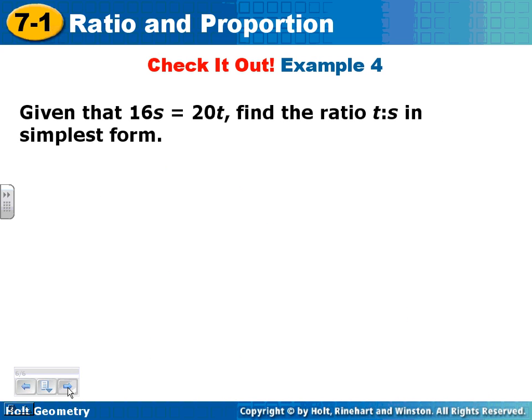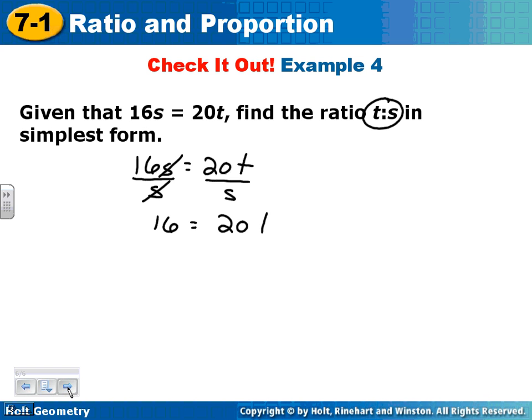Let's try the last one. Take the 16s equals 20t, and I want the t to go first, or on top. So I divide both sides by s. So my s's are gone. So I have 16 is 20 t time. Oops, t. I don't want my s there.